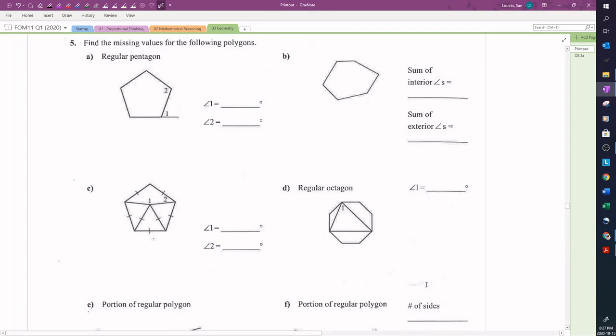There are not that many examples, so I'm not going to do any for you, but let's just look at this one for a moment. This is a regular pentagon, so it's telling me that all of the sides and all of the angles are equal. So I can use my exterior angle formula to figure that out, and if I know that this one is the same size, all the inside angles are the same, so I can figure that out. Okay, so just work through the process.